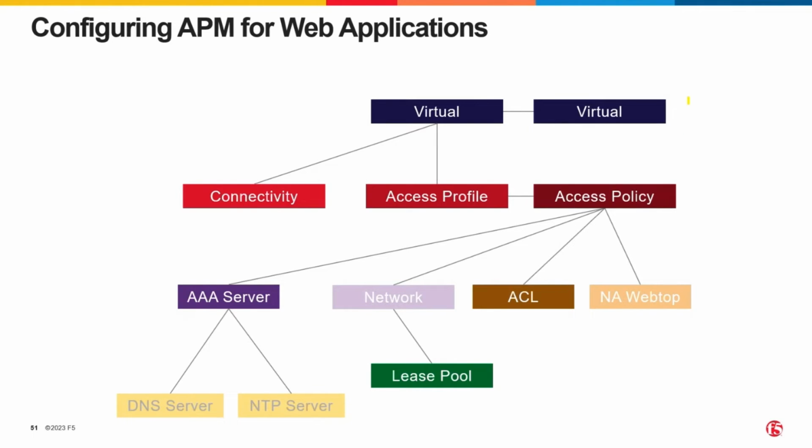So again, the configuration of all those objects that we will need for these different access methods is really similar. In this case, probably we will need some other methods. For example, when we talk about VPN, we need this network access configuration, lease pools with those IP addresses that are assigned to the clients, ACLs, and so on.